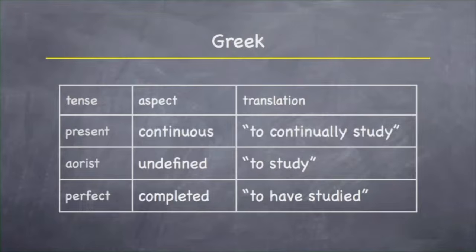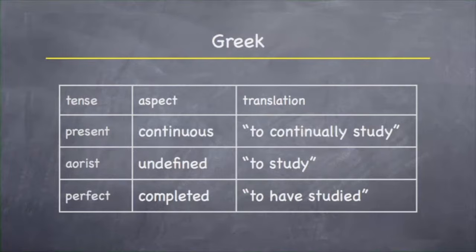So here's a chart that might help you keep all these things together. The infinitive that's built on the present tense system will indicate a continuous action, not time, just aspect. In your translation, you may say something like to continually study. But again, as was true of subjunctives, it's really hard in English to bring the significance of the continuous infinitive into your translation.